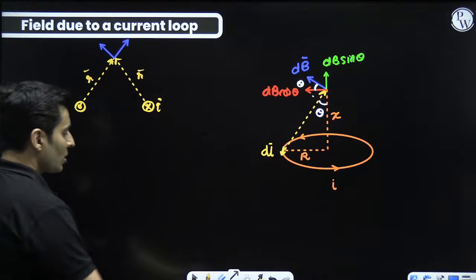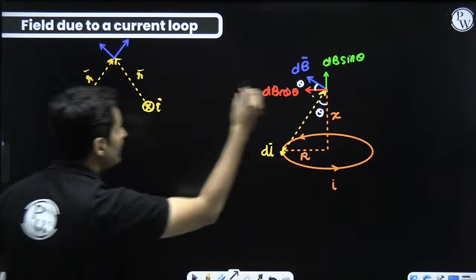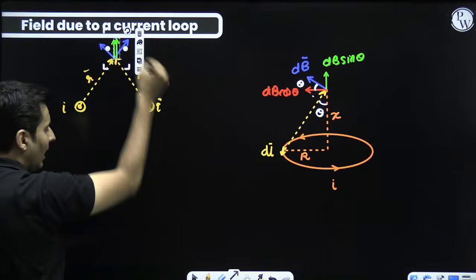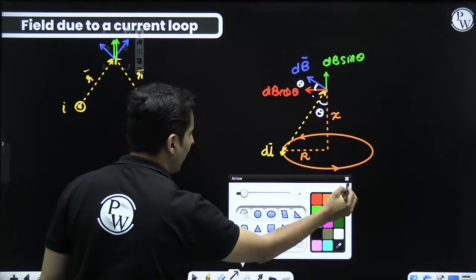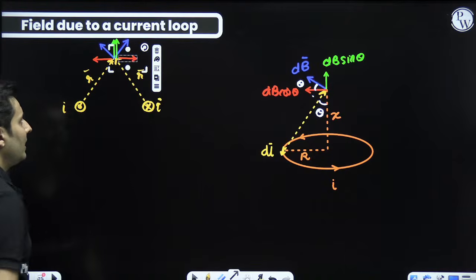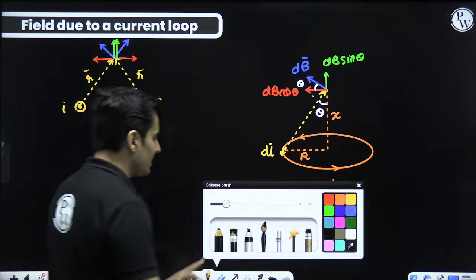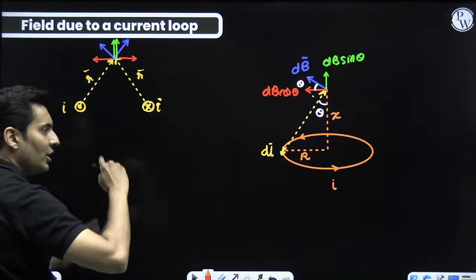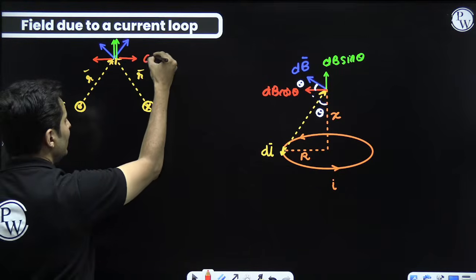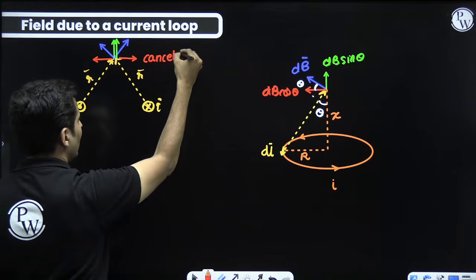That is all. So you will see there are these dB sin theta components which end up assisting, helping, adding, but dB cos theta components which are ending up cancelling out each other for every such two opposite, diametrically opposite elements. So these end up cancelling out.